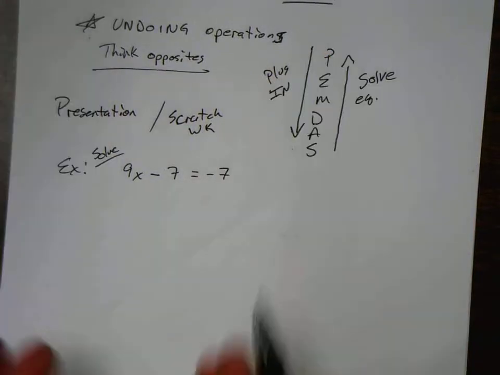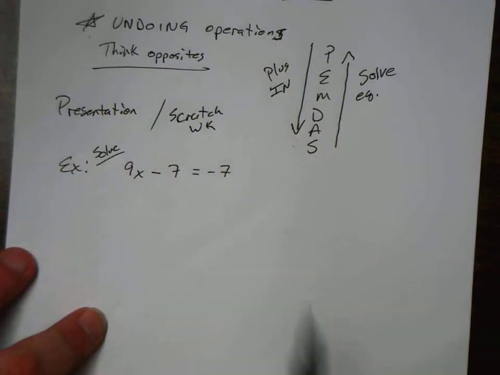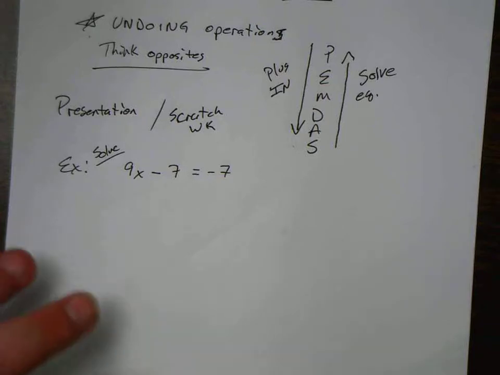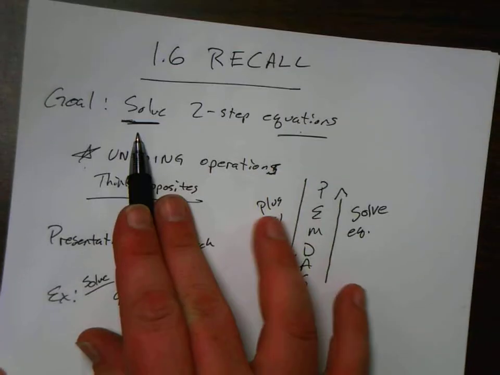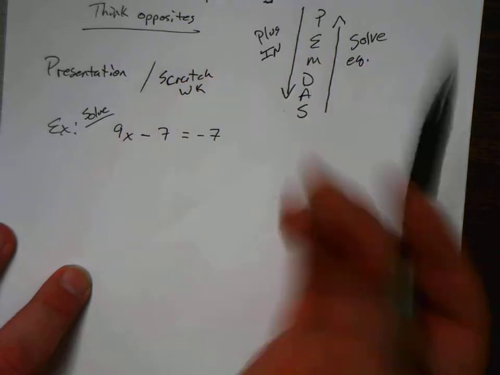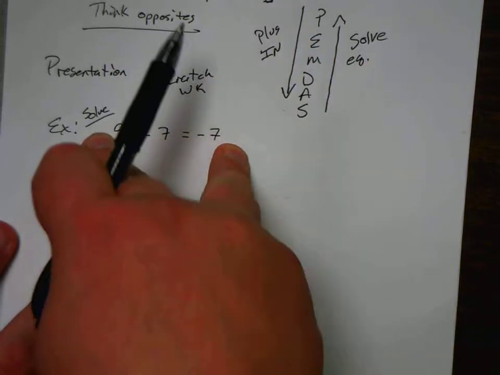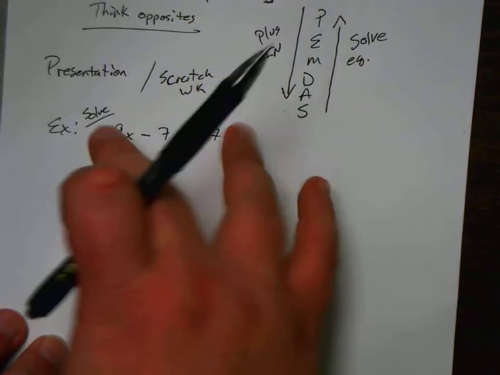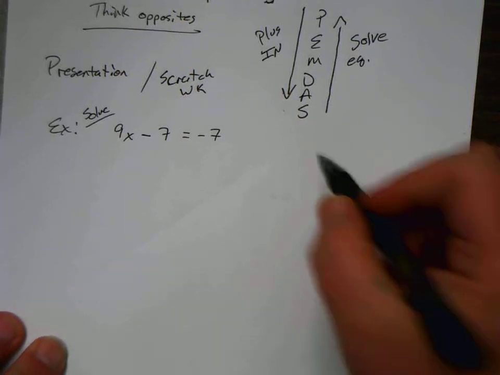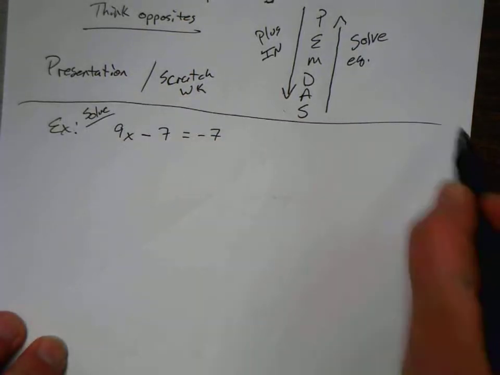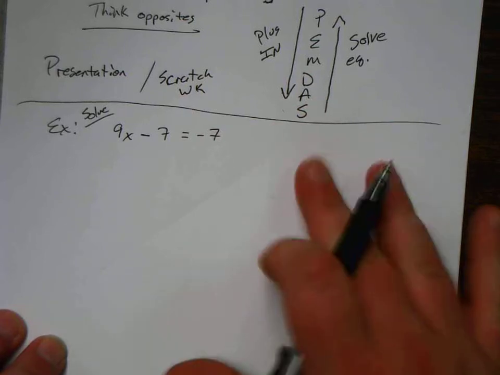My presentation, I'm going to keep when I'm solving equations. It's different for all sorts of stuff, but when I'm solving equations, my presentation should be nice and linear, so it's going to go straight down. And if I need to, I'll have room on the right side so I can show any scratch work.